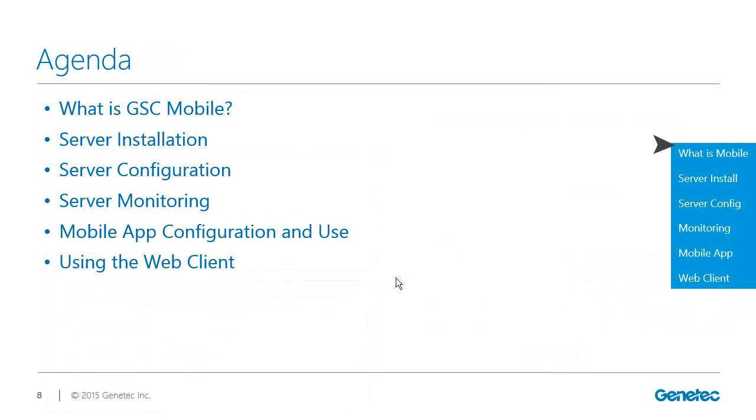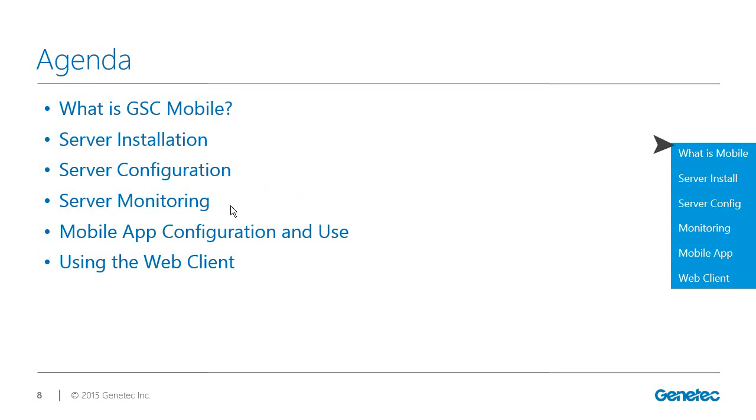Let's have a quick look at the agenda for the webinar before we dive into the technical information. We're going to start out by taking a look at what GSC Mobile is, what it can do, who can connect to it, and what the requirements are. Next, we're going to go into a brief description of the server installation, and then move on to the server configuration, including the general setup, the encryption, specific device configuration, and take a look at the mobile streaming capability as well.